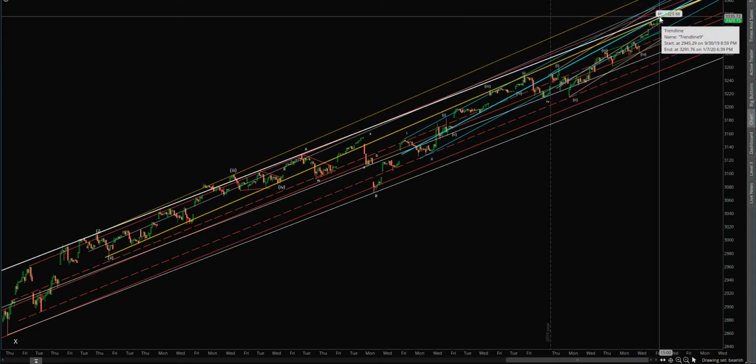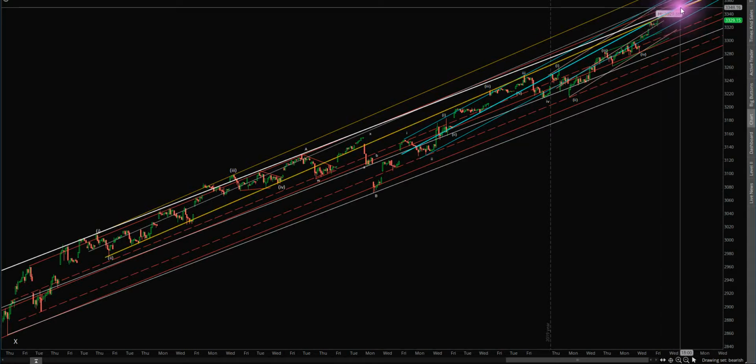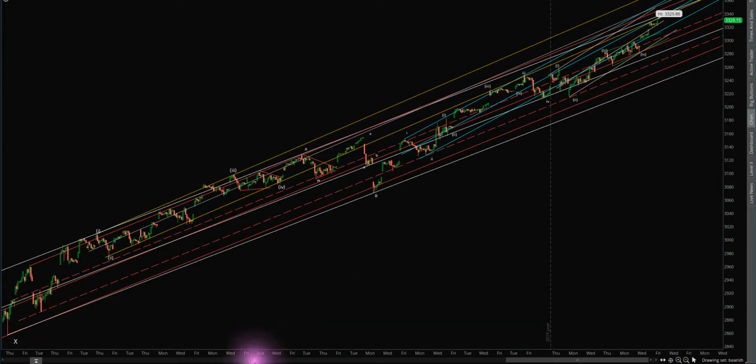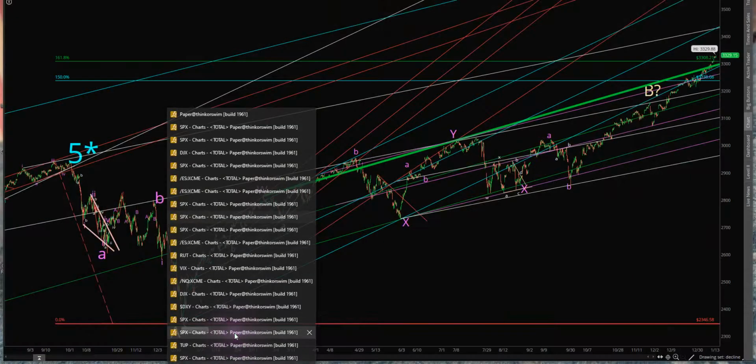It could go a bit higher, maybe 3333 or 3,335, or maybe a bit higher, 36. If it waits longer to make that high, it could even go to 50. We have to see, guys.